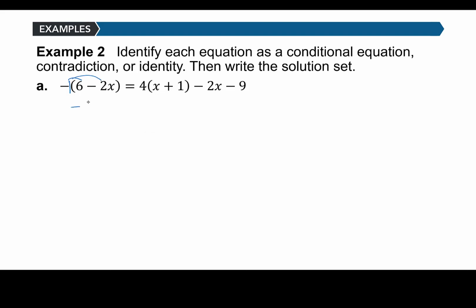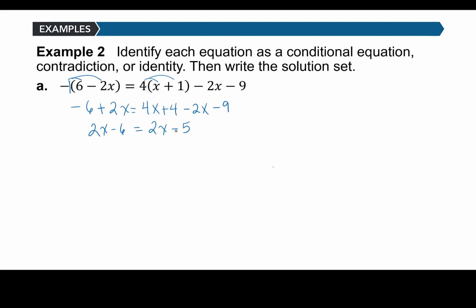So this would give me negative 6 plus negative 1 times negative 2x, which is a positive 2x, equals 4 times (x plus 1), which is 4x plus 4, minus 2x minus 9. Combining like terms, I get negative 6 plus 2x, or 2x minus 6, equals 4x minus 2x, which is 2x, minus 5.